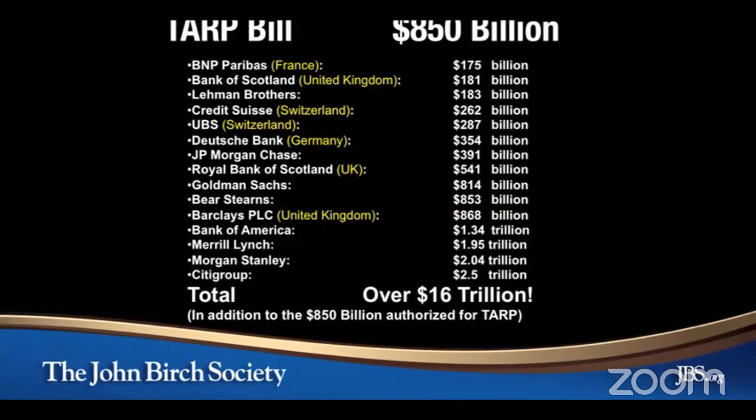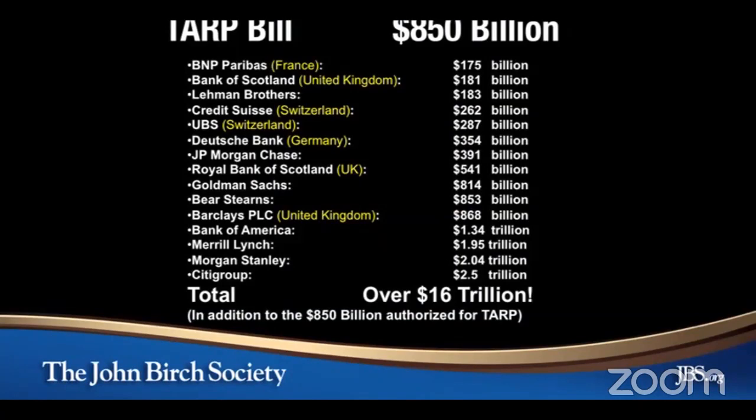Another Switzerland bank, 287. Deutsche Bank in Germany, 354. And JP Morgan Chase getting 391. If your math is quick, you're starting to notice we're already running out of money, but they keep going. Royal Bank of Scotland gets 541 billion. Goldman Sachs themselves got almost the entire bill of 814. Bear Stearns, 853, they exceeded the amount allowed by Congress.